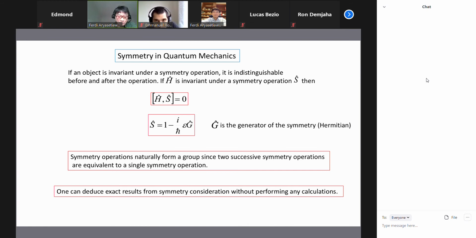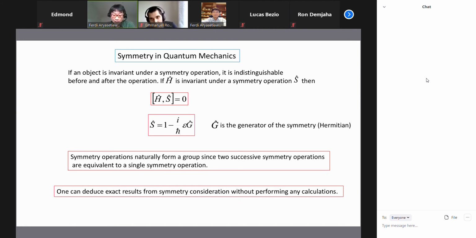So what do we mean when we say that an object is invariant with a symmetry operation? Well, this just means that the system or the object is indistinguishable before and after the operation.